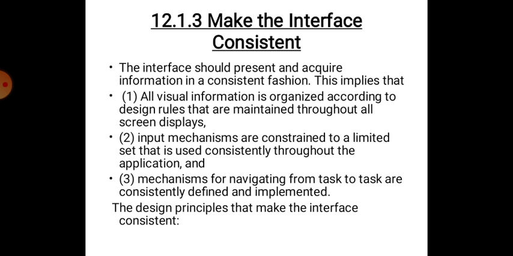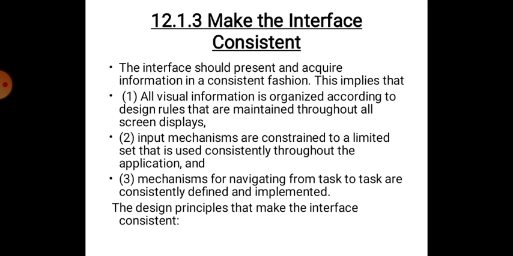Students, okay, the information should be retained, and most of the screens should resemble whatever the model screen is. Point number 2, input mechanisms are constrained to a limited set that is used consistently throughout the application.